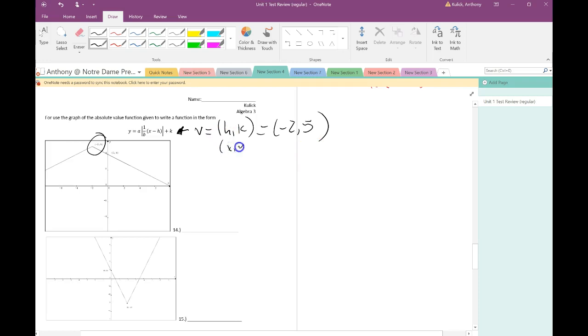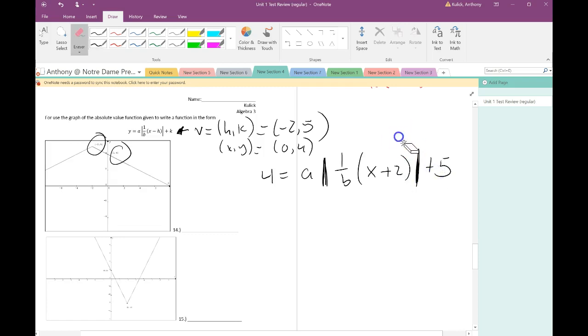And furthermore, I have an x and y that are given to me here. So for x and y, I'm going to fill in 0 and 4. So that gives me this now, where I've just filled everything in.